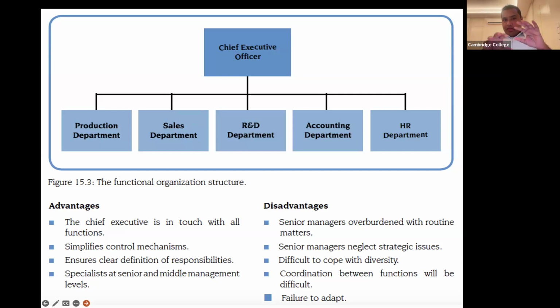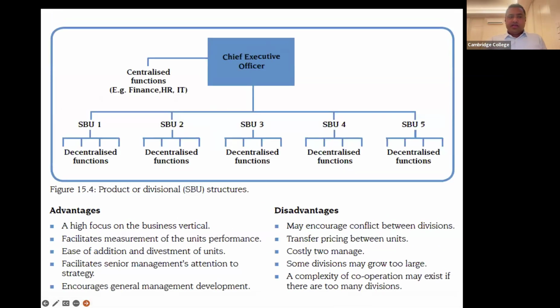So today, you then move on to a functional organization structure where you have a HR head, a sales head, a manufacturing head, a IT head, and accounting head, the 5 main functions.